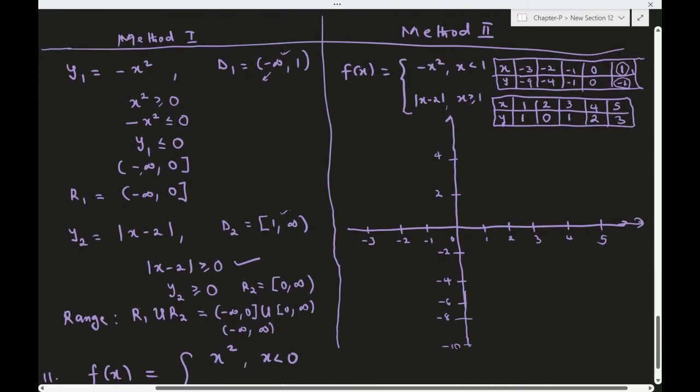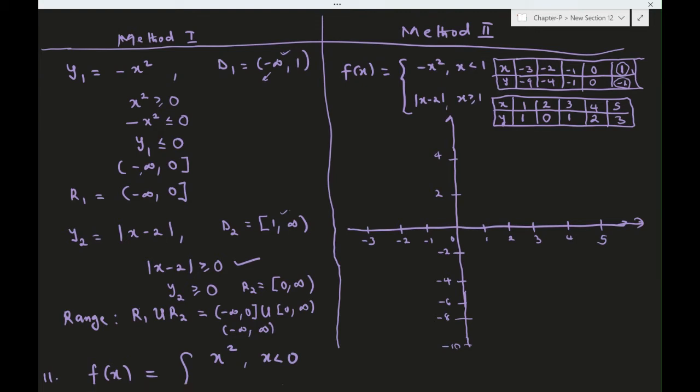So here, let's finish with the first piece. When x is minus 3, y is minus 9. So it's in between minus 8 and minus 10. So this is the point. Now, for x equals minus 2, we're here. From minus 2, we should go to minus 4. So we have something this way. Then for minus 1, we're still at minus 1.